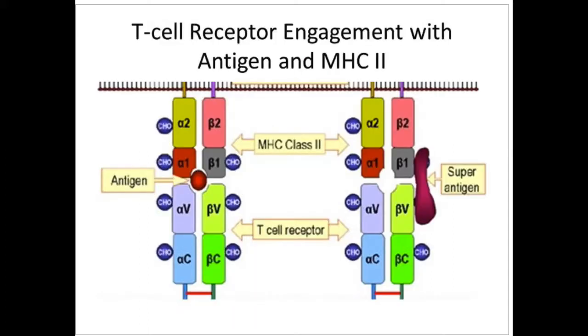Okay, so when the T cell receptor meets up with the MHC2, what you see on the left-hand side on the top, you have MHC2 class, which is actually on both top sides. On the left-hand side, you can see where you have alpha 2 beta 2, alpha 1 beta 1. You have the little red antigen right there.